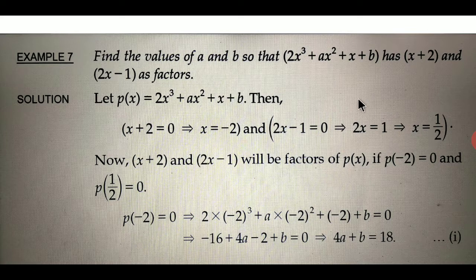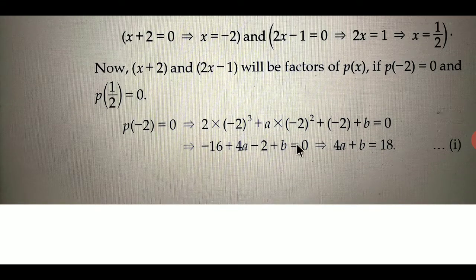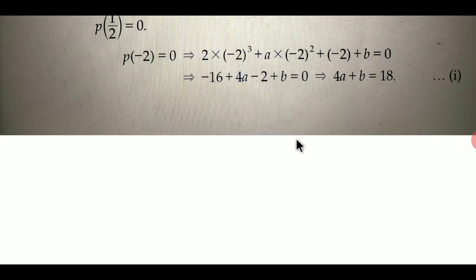So you have to consider this polynomial to be p(x) and then you have to find out the value of a and b by equating the divisors with 0. Now x plus 2 and 2x minus 1 will be factors of p(x) if p(minus 2) equal to 0 and p(half) equal to 0. Calculate p(minus 2). It will be in terms of a and b, that is the first equation, 4a plus b equal to 18.